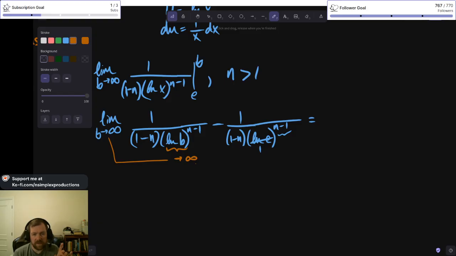However, this then means that the denominator is going to go to infinity, which means that overall, the whole fraction is going to go to 0.